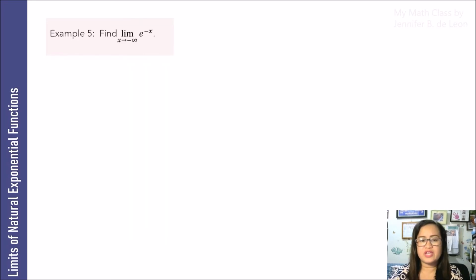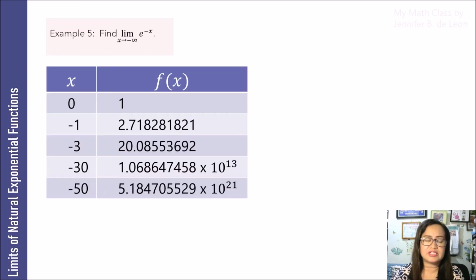Now what if we have the limit of e raised to negative x as x approaches negative infinity? Again, evaluating the function at x equals a will not give us a logical answer. So let's have a table.